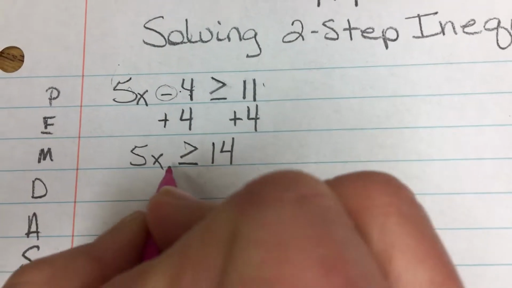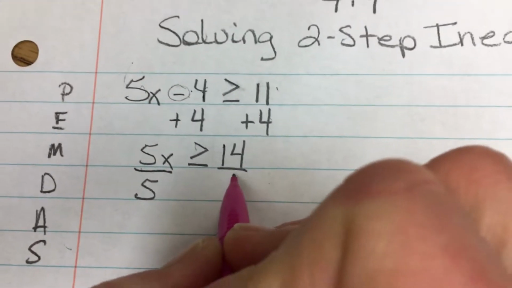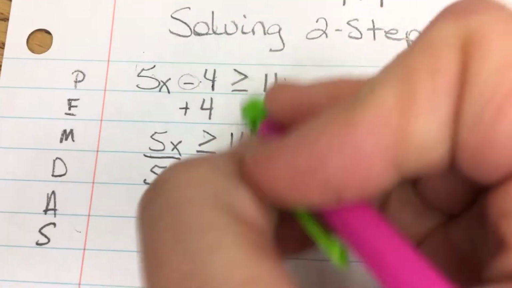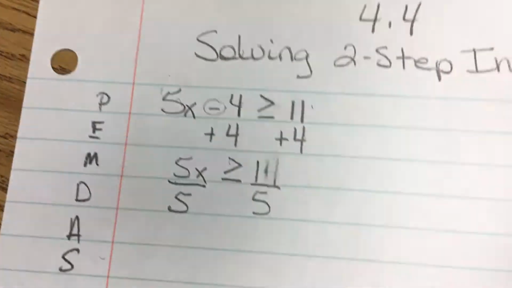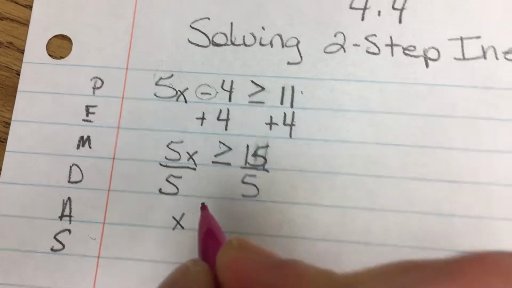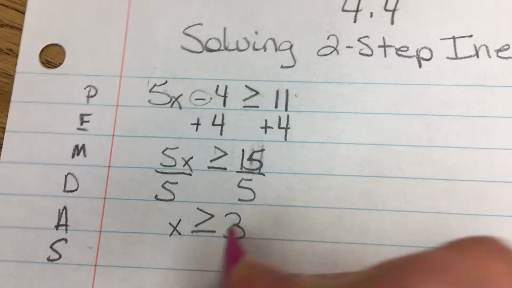Now, what we did on the last assignment, opposite operation, divided by 5, divided by 5. Wait, I can't add. This is not 14. This is 15. So now I'm left with x greater than or equal to 3.